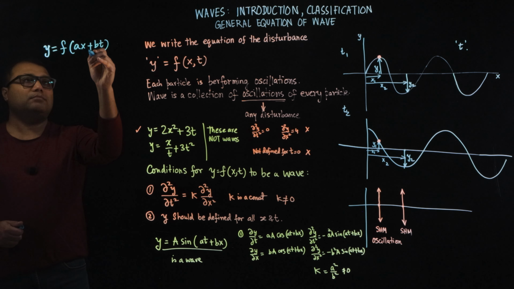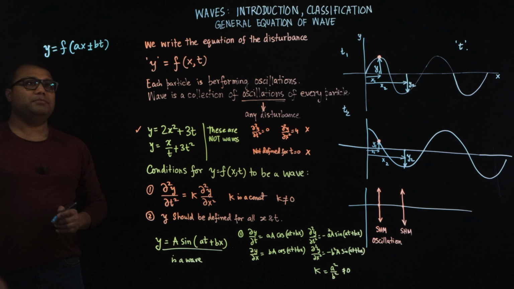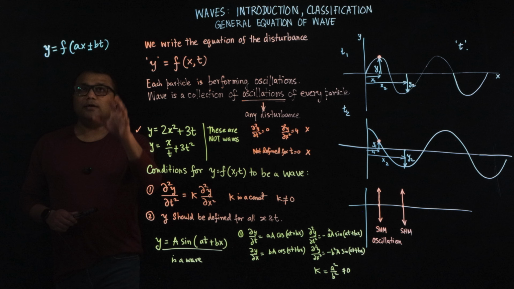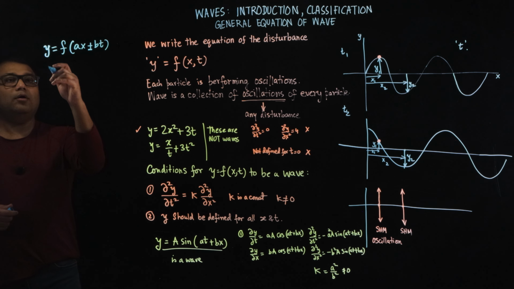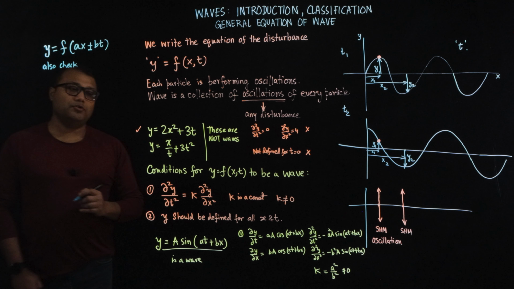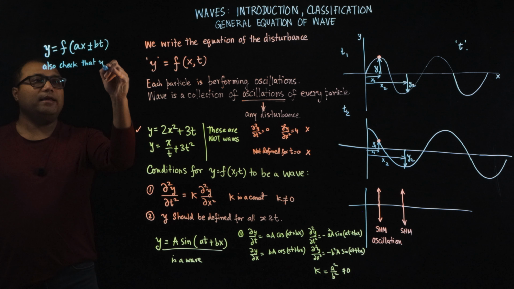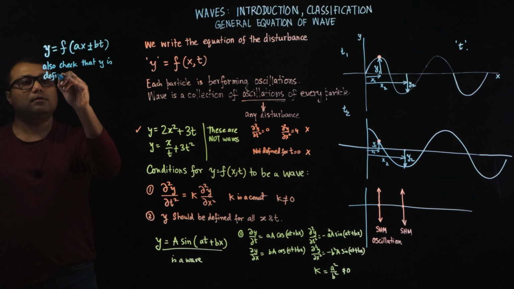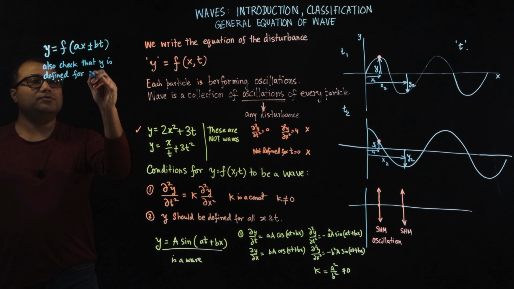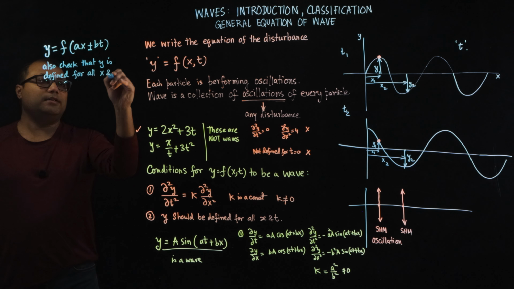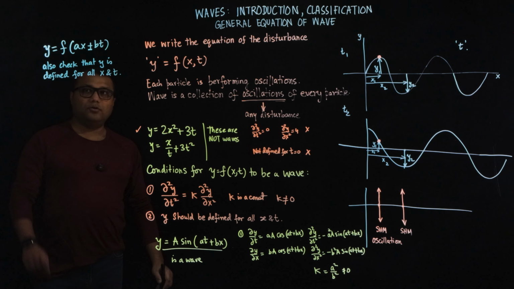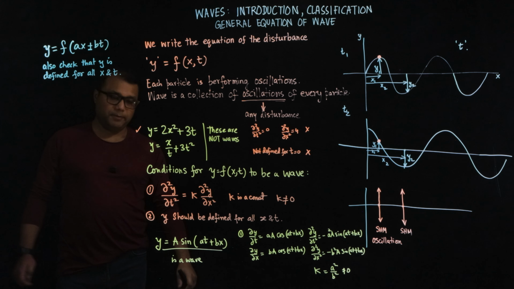You can also write ax plus minus bt. In addition to this form, also always check that y is defined for all values of x and t. Don't forget this step. This is also important.